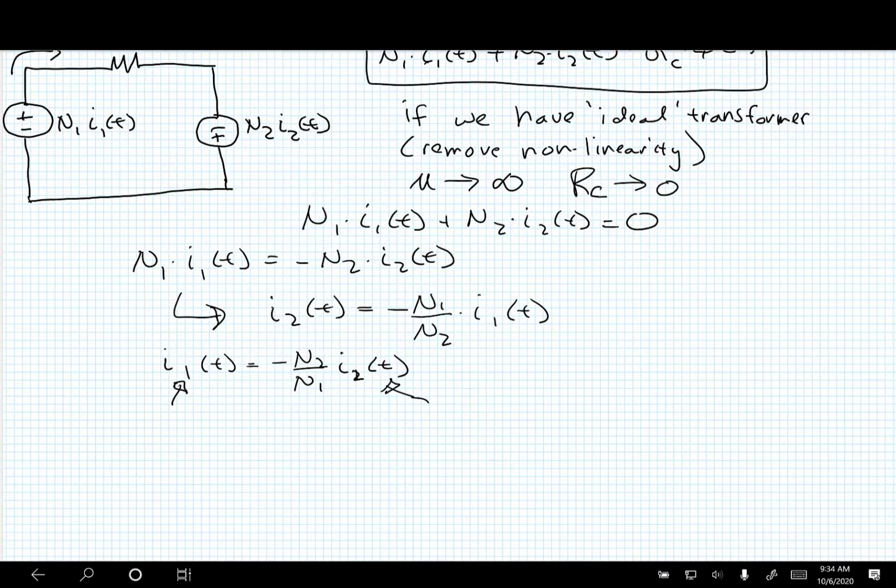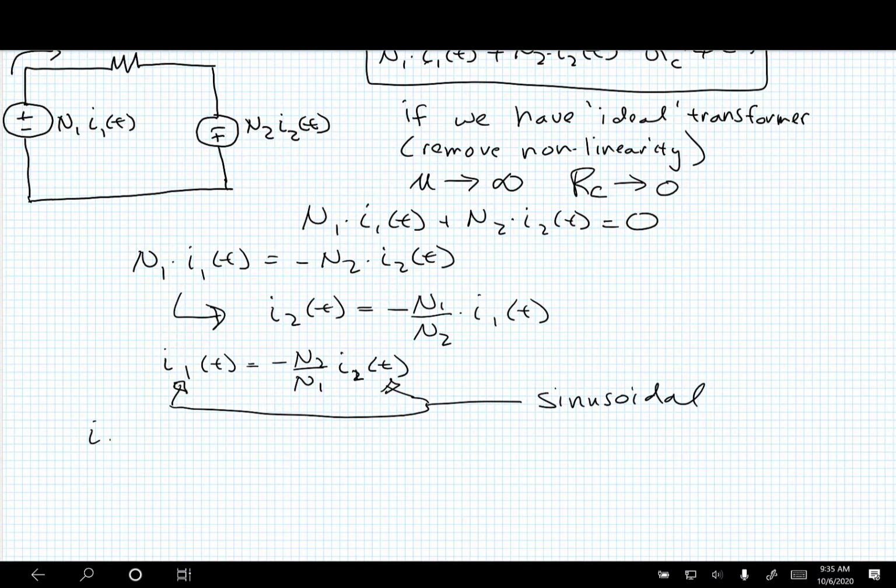They could be non-sinusoidal excitation, but the current is close to a sine wave. In the ideal transformer case we've removed the nonlinearity, so definitely we're going to talk about sine waves, because once we introduce harmonics or distortion, we introduce nonlinearities. So both these currents here are sinusoidal.